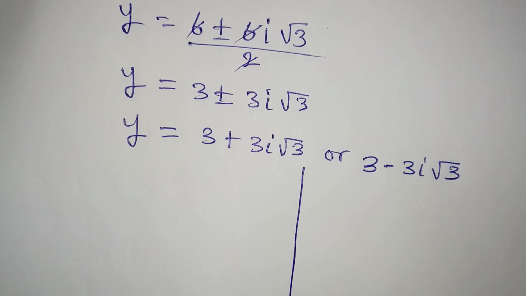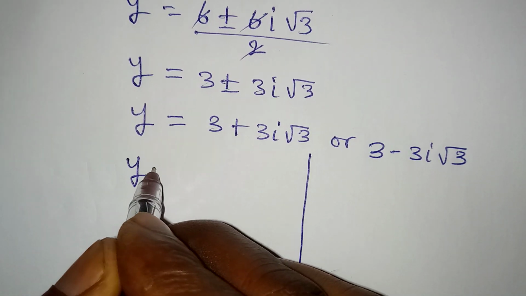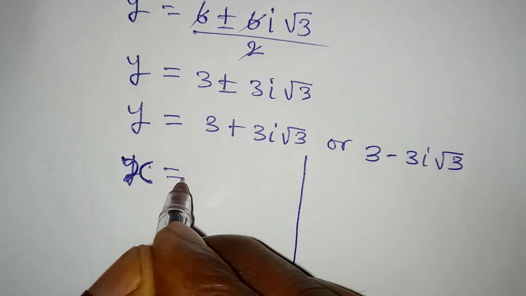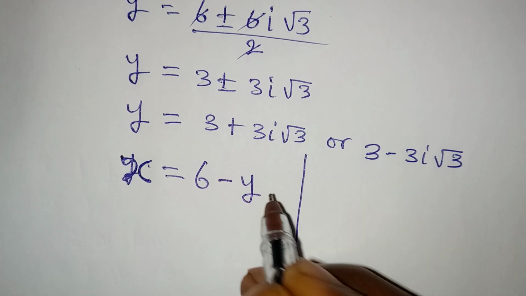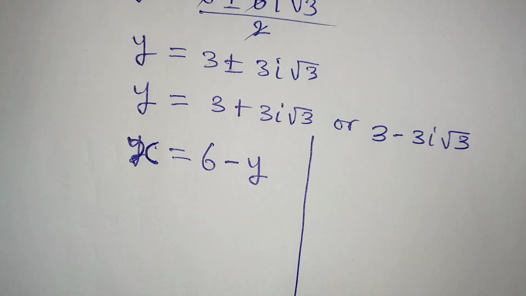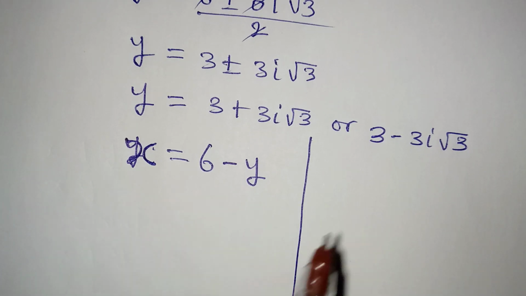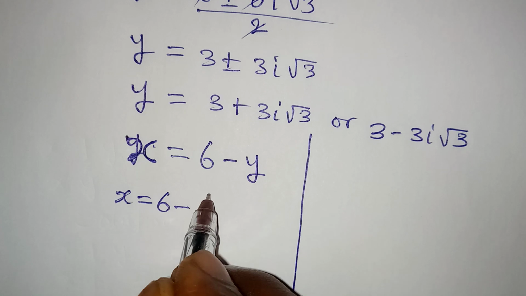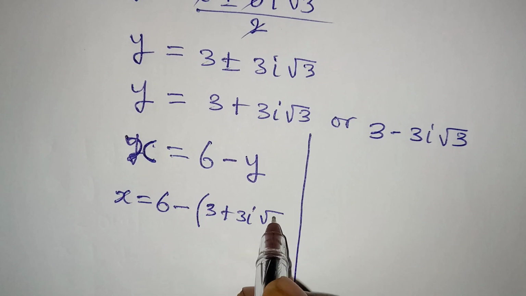But then let's go back to our equation 3, where we made x the subject, where we got x to be equal to 6 minus y. And now that we have the value of y, put it into this equation 3, so that x will be equal to 6 minus open bracket 3 plus 3i square root of 3.